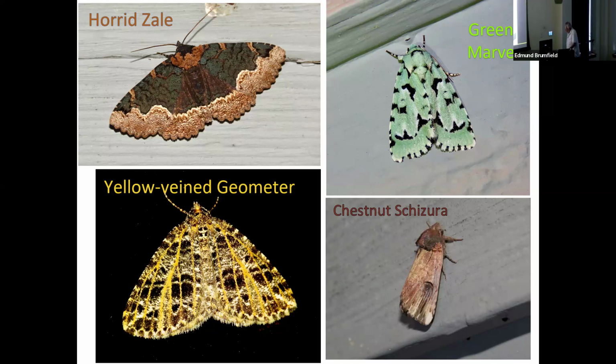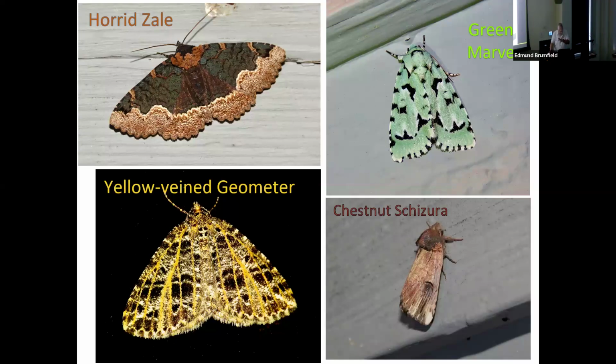Interesting story about that. Sunday morning, I woke up at around 6 o'clock, and I woke up with a start. I jackknifed out of bed, and I said, what the hell was I thinking? Yellow vein geometer is not a viburnum feeder, it's a blueberry feeder. What's the matter with me?